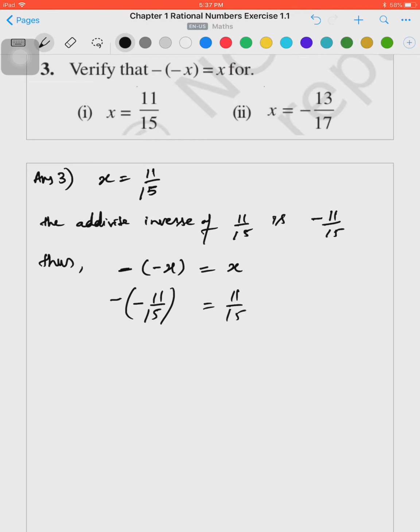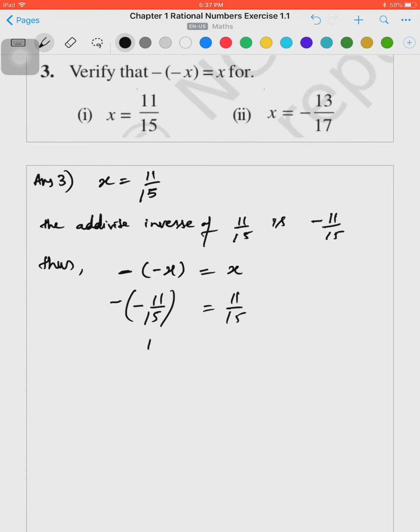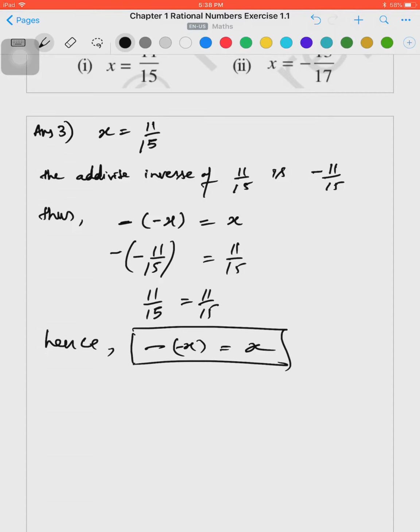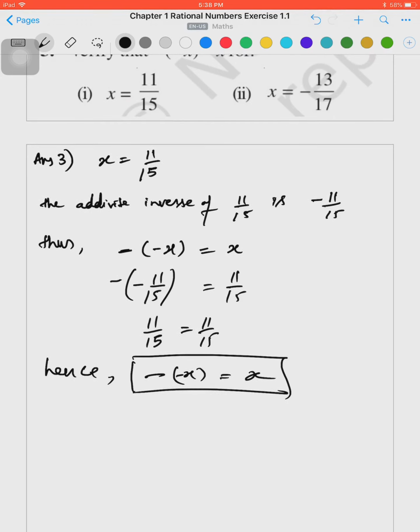So when you open the bracket, minus will become plus. So this will be 11 by 15 equals 11 by 15. So hence we have proved that minus of minus x is equal to plus x. That's what we were asked to prove with this number.